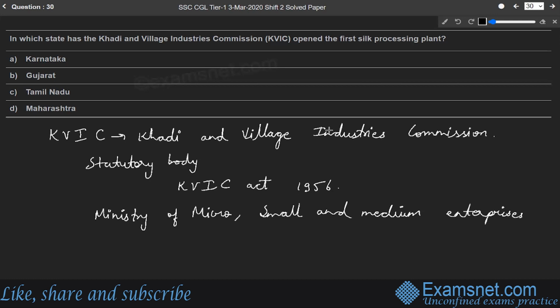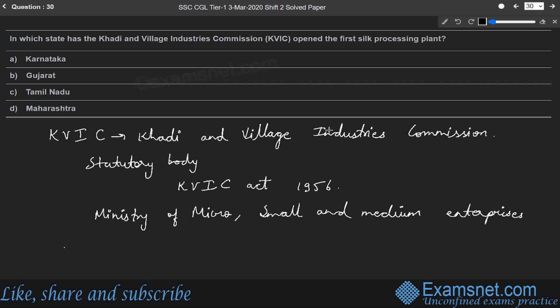Do you know what is the main aim behind KVIC? Its main aim is to nurse employment and economic uplift in rural areas of India. And also, its aim is to aid in the development of khadi and village industries in rural India in accommodation with other agencies that are involved in the development of rural areas.